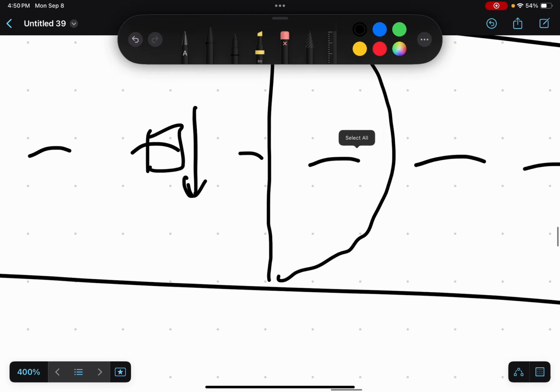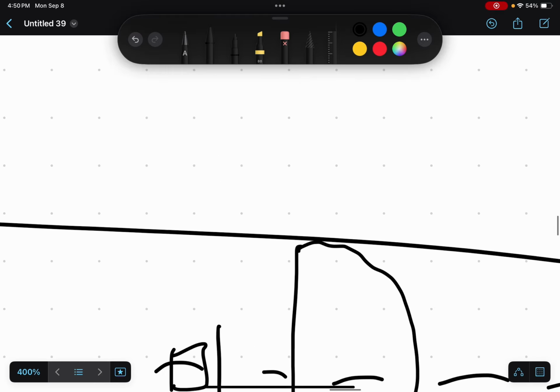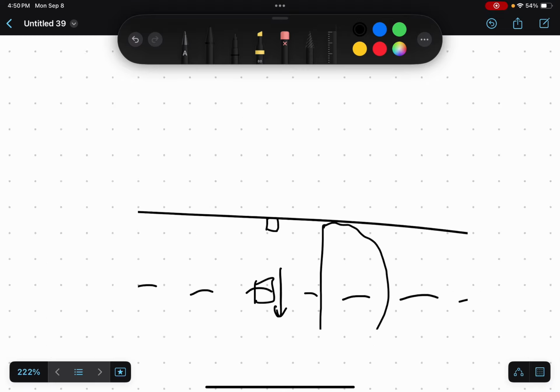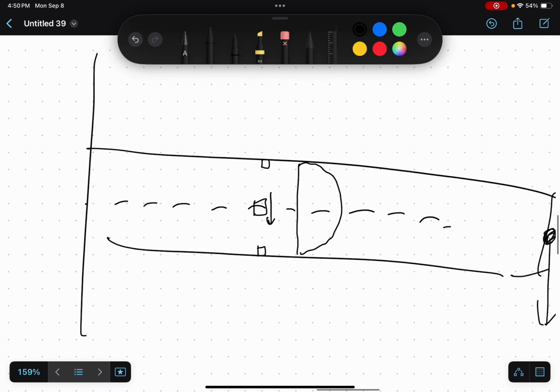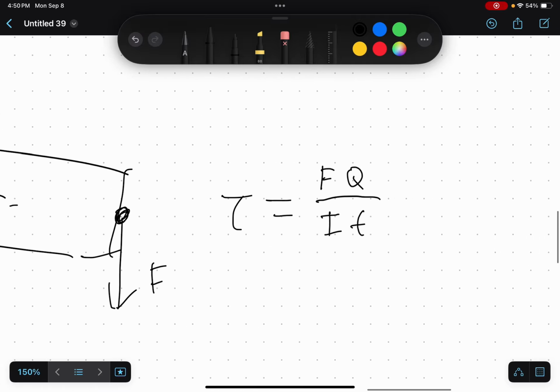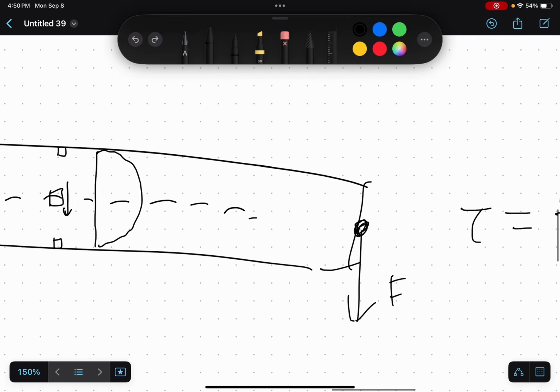If it's on the edge, it doesn't have any shear stress, which seems a little weird to think about, but that is how the math plays out. And the reason for that is because of Q. So everything else here is a constant. F's a constant, I's a constant, T's a constant.